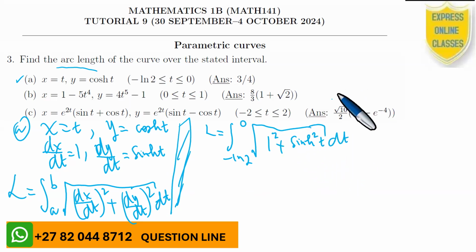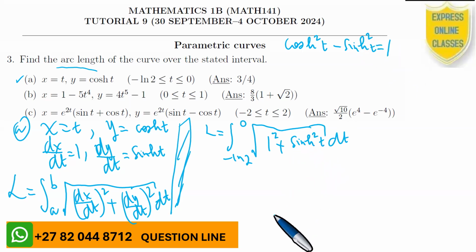Now, I want to bring to attention something very important: cosh squared of t minus hyperbolic sine squared of t is always 1.